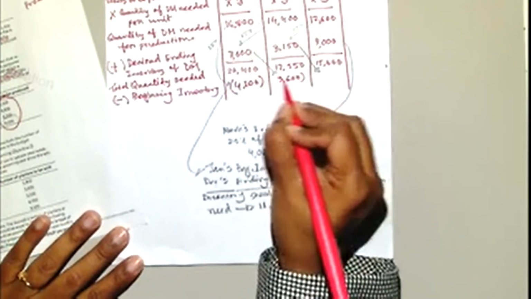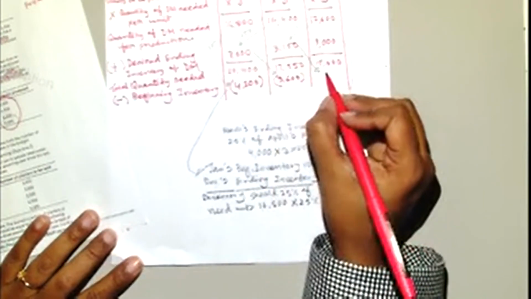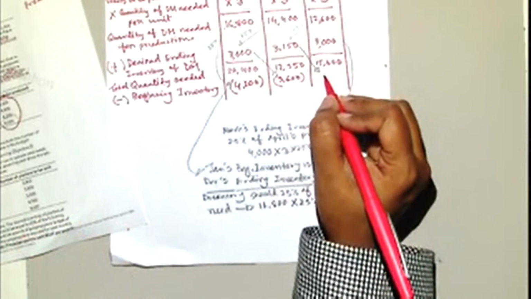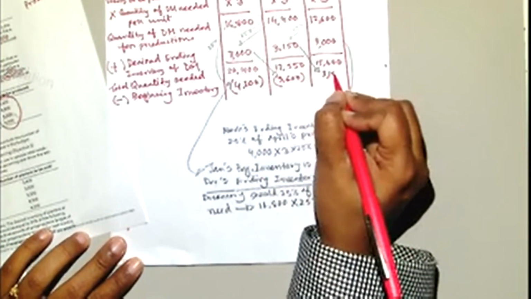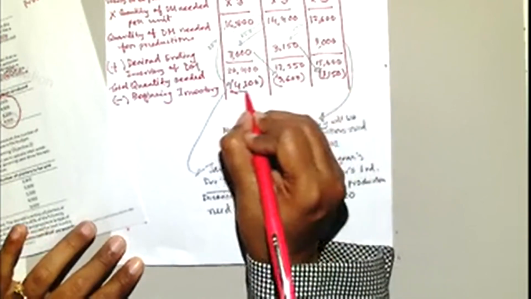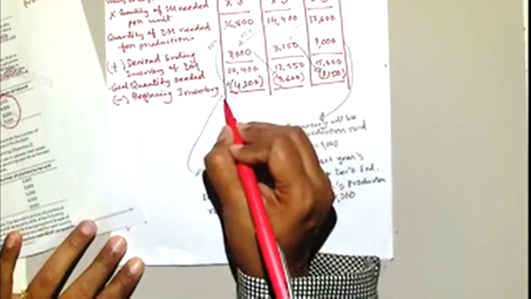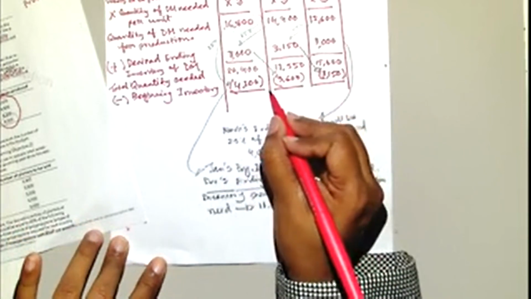Great, 3,600. And March's beginning inventory? So 3,150. Good.